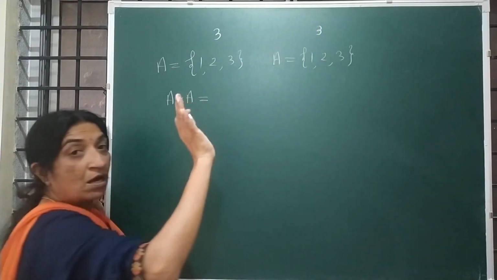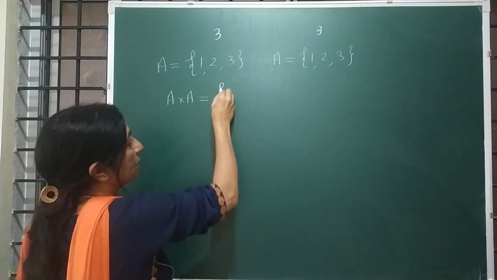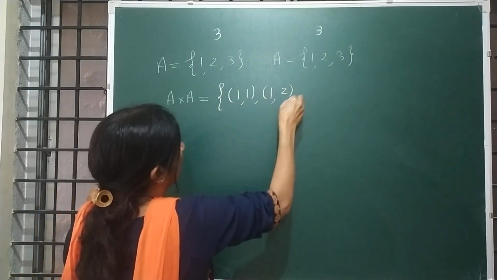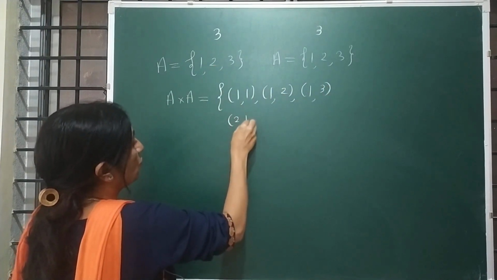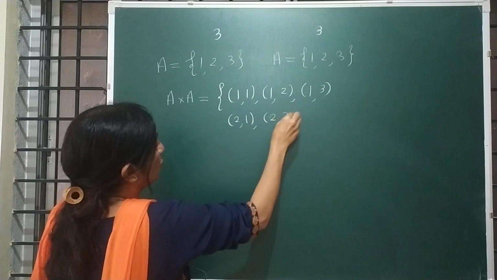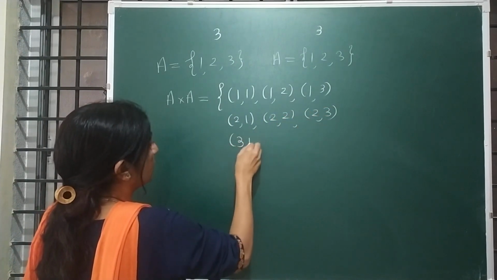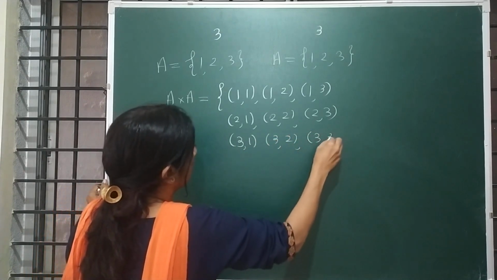That means how many ordered pairs do we have to write? We have to write 9 ordered pairs. 1 1 is already familiar, 1 2, 1 3. Then start with the 2: 2 1, 2 2, 2 3. Then 3 1, 3 2, 3 3.